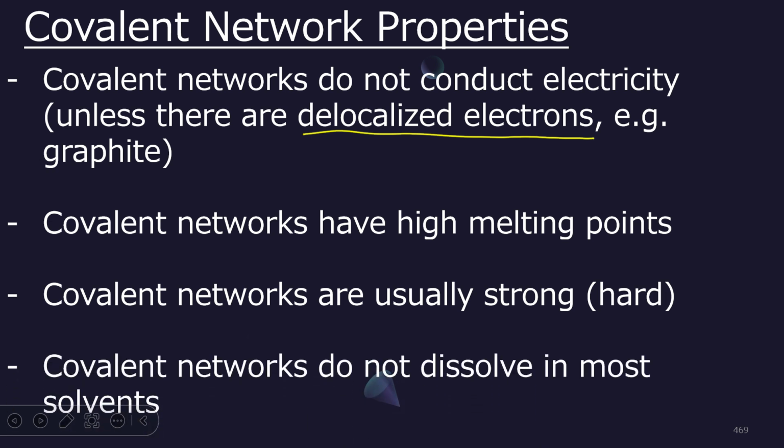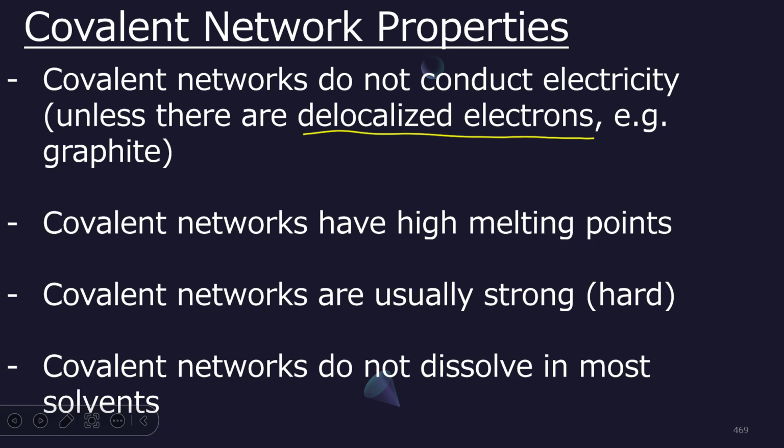High-strength materials. Covalent networks do not dissolve in most solvents. I think we've talked about dissolving ionic compounds a little bit. The solvent molecules surround and apply intermolecular forces to parts of the crystal. But here, it's not going to happen. We've got covalent bonds, not ionic bonds, so ions can't be separated.